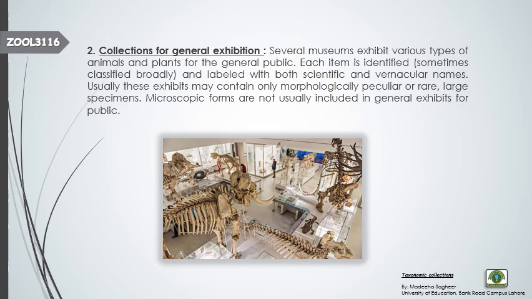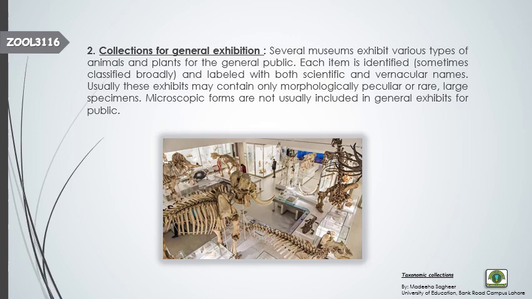The specimens that are displayed for the public are labeled with both scientific names and vernacular names. Vernacular names mean common names, and usually we display those specimens in the exhibition that are either very large, or that have some morphological difference from other animals, so they would be more attractive to the visitors, right? Let's read it.